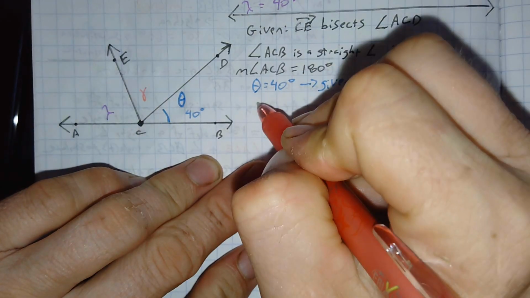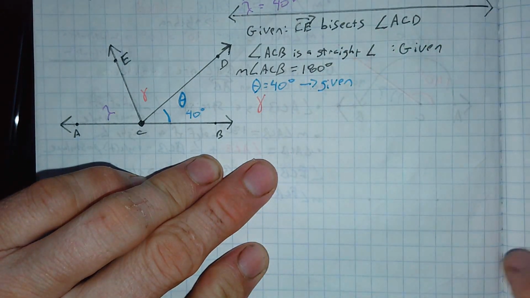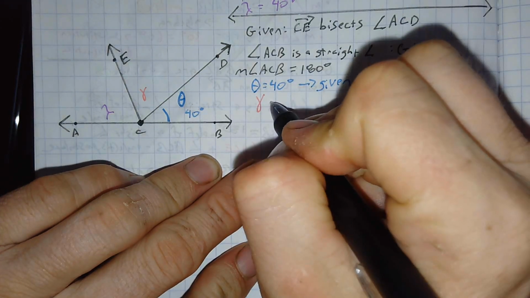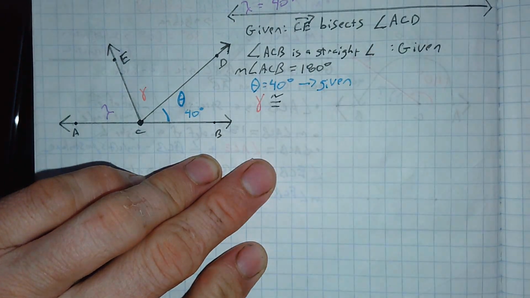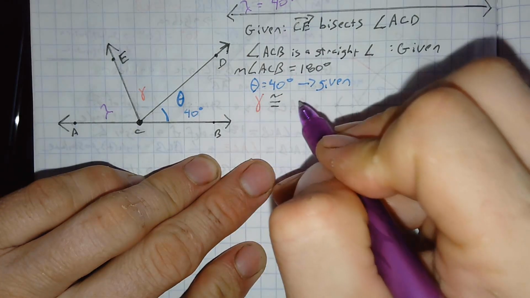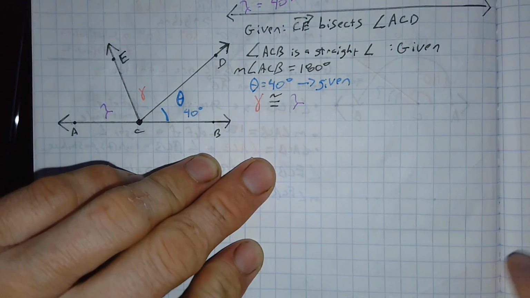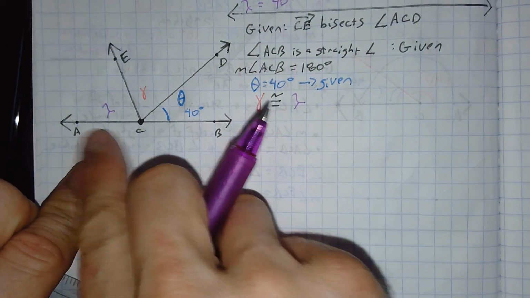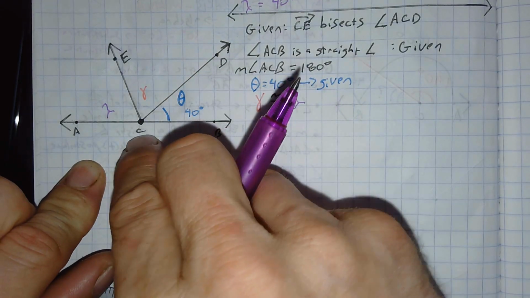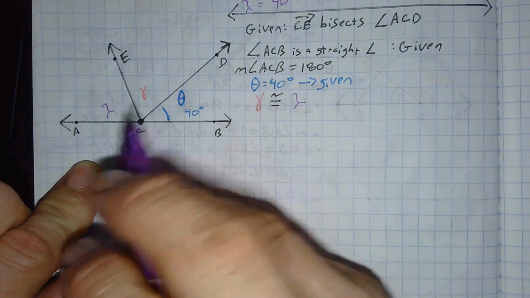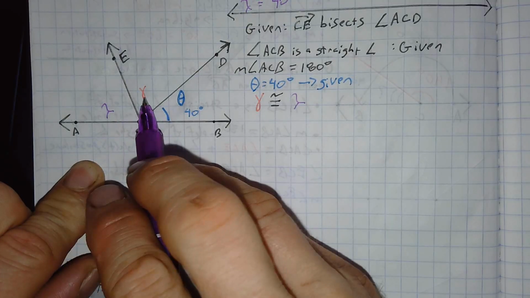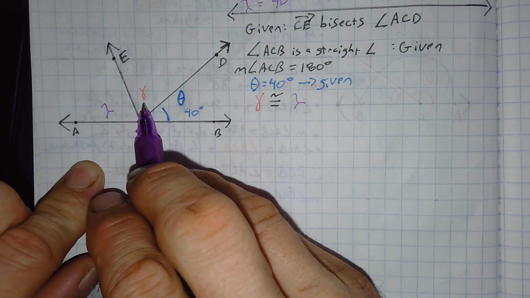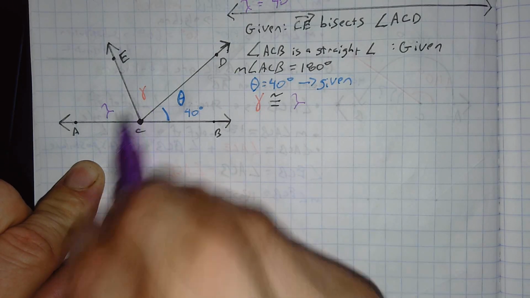So I'm going to say that angle gamma is congruent to angle lambda. Now, that's what bisects means. It means it takes angle ACD and splits it exactly in half. This angle lambda and that angle gamma have the same measure.